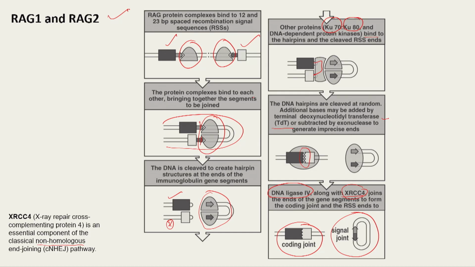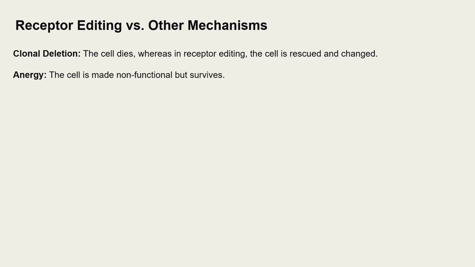So we'll move on and try to see what else is required in order to understand receptor editing. What we have understood is the two ways we are trying to see the divergence in B and T cells. One is called clonal deletion, where the cells are dying.